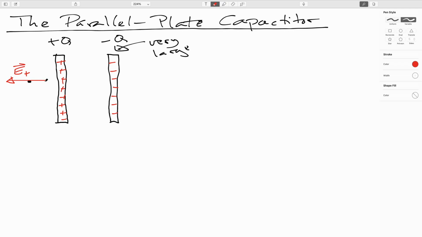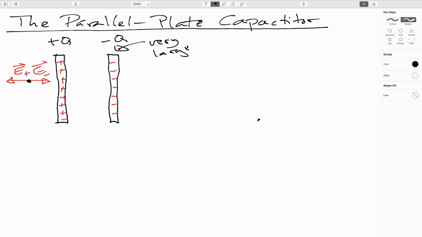And since these are very large plates, we can treat them as infinite sheets of charge. And when we did that before, we saw that the electric field will always be perpendicular to the sheets in question. So we've got two contributions, one to the right, one to the left, at this point of interest.